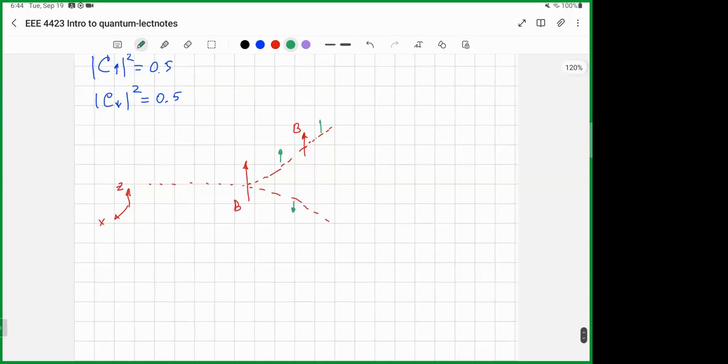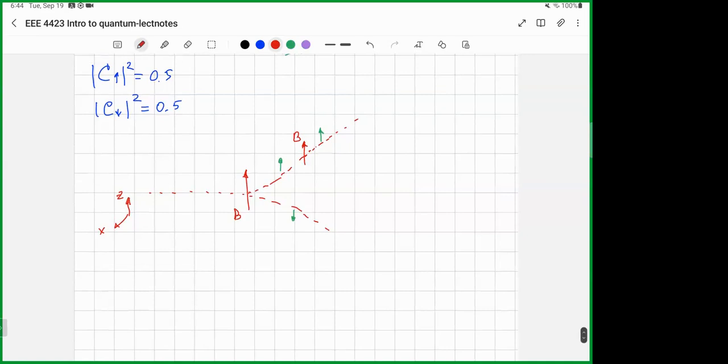It's still in the vertical direction. But then, for example, for this upper beam, I apply a magnetic field in the x direction, like this. So this is my magnetic field in the x direction.